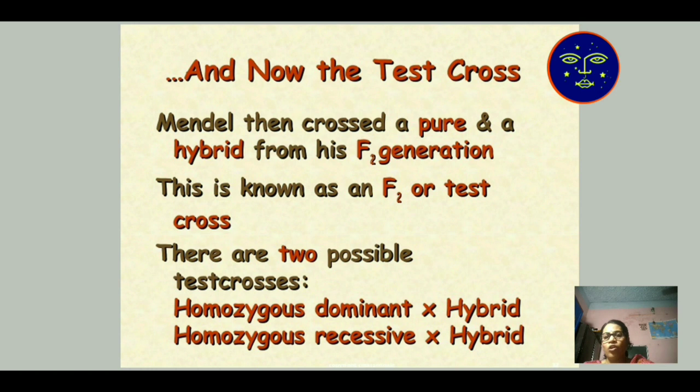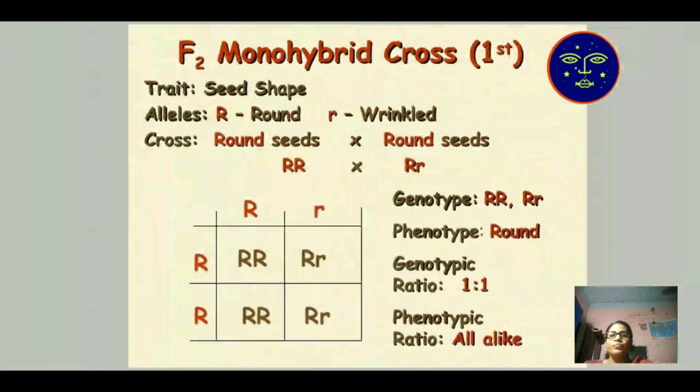The result comes as homozygous dominant in hybrid form, or homozygous recessive, meaning small r, small r crosses with capital R, small r. Homozygous dominant, capital R, capital R, crosses with the hybrid form, capital R, small r.